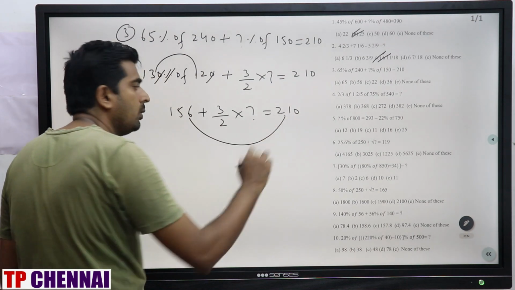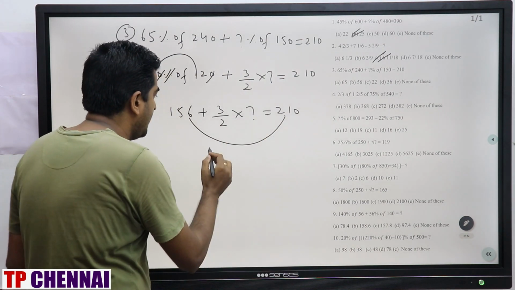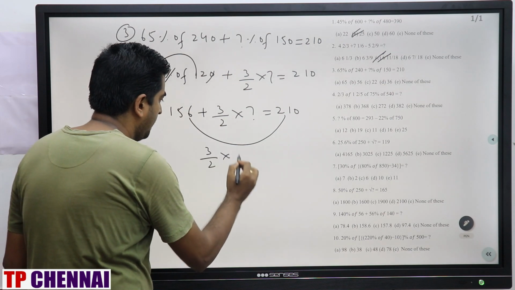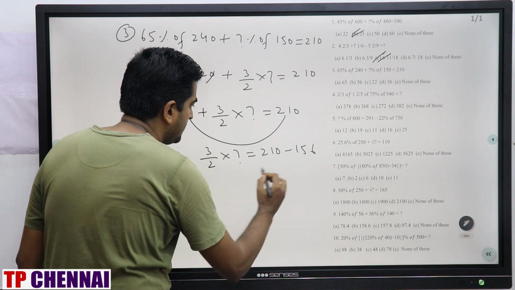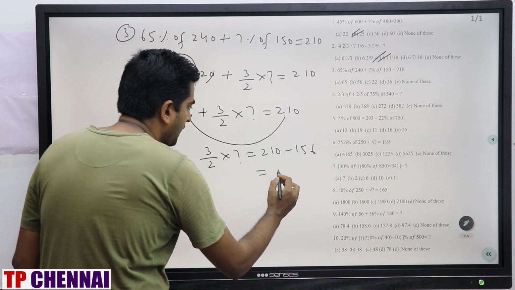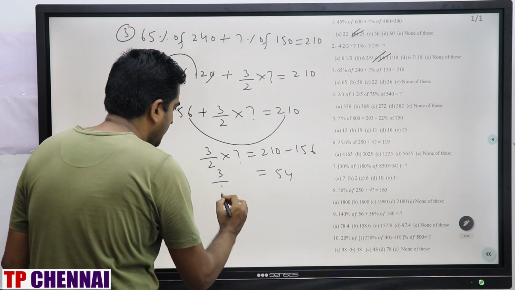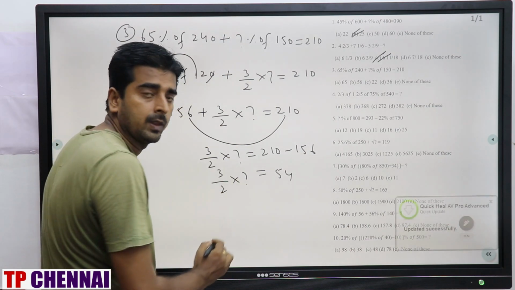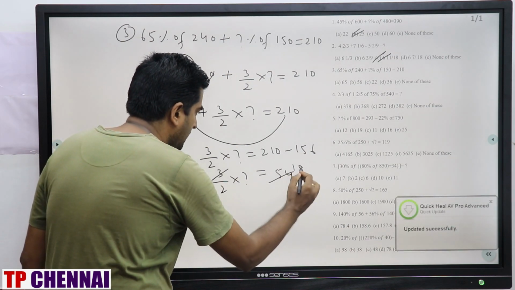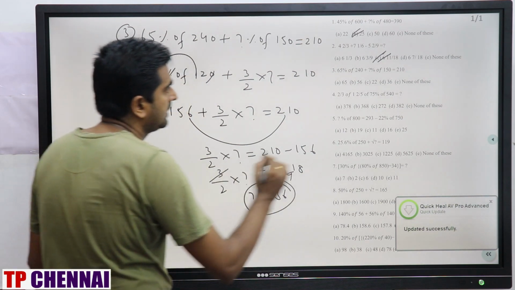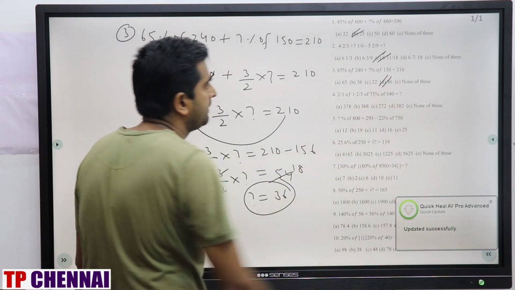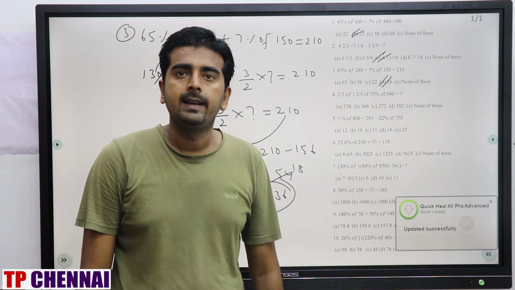This 156 will go into RHS. 210 minus 156, which is how much? 54, which is equal to 3 by 2 of question mark. So 3 18s are 54. So what is the value of question mark? 18 2s are 36, which is nothing but fourth option. Clear?